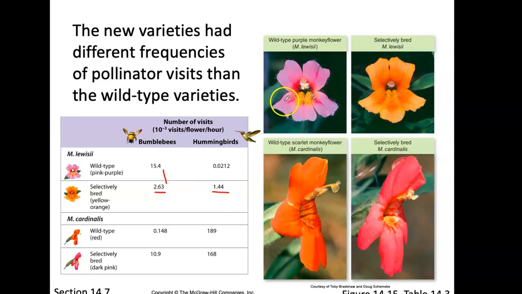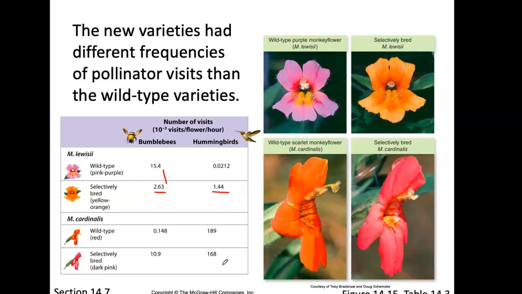Well, that's what happened with the Lewisy. What about the Cardinals? In the Cardinals, we had very few bumblebees visiting, right? This is the bumblebee column, and way more hummers. And we increase the visitation by bumblebees and diminish that by the hummers.